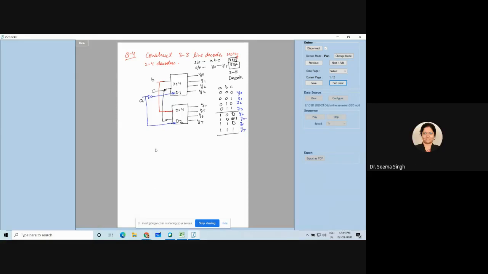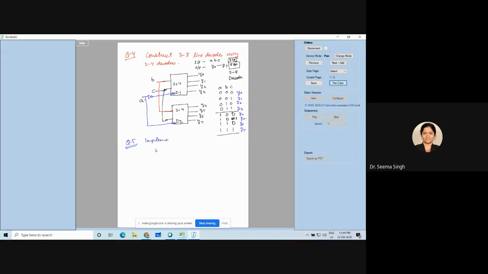Okay, good, very good. Now, this is the simple way of constructing a 3:8 decoder. Now, if I ask you to implement a full adder using a decoder, this is your question number 5.